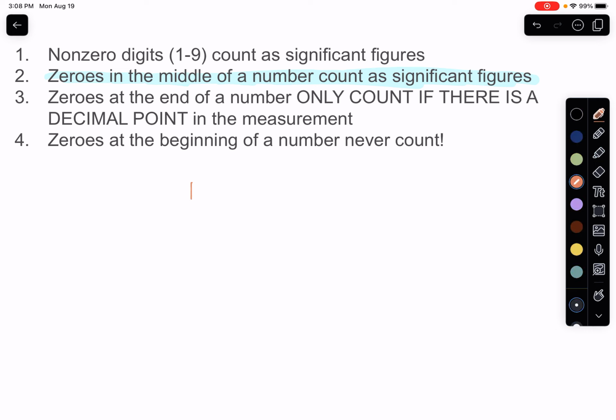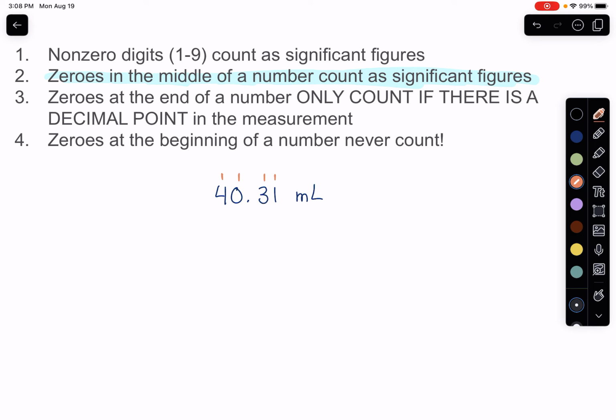So if I have this measurement, 40.31 milliliters, when I am counting the number of significant figures, I count the 4, the 3, and the 1 because they are non-zero digits.